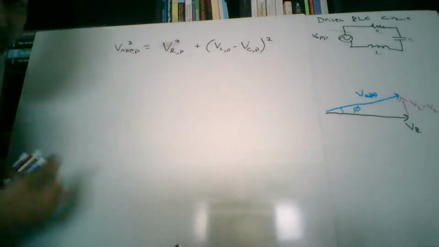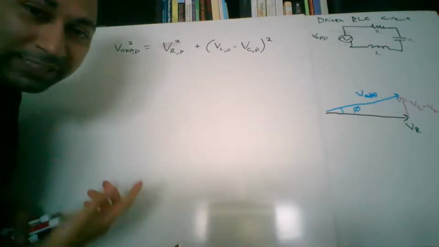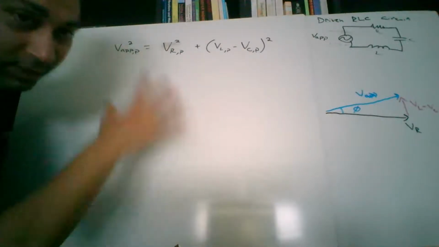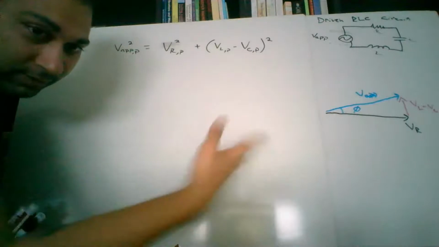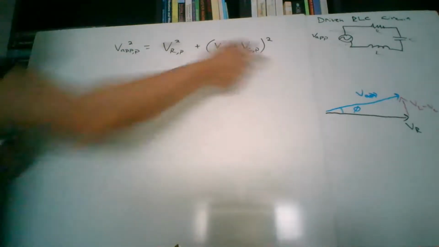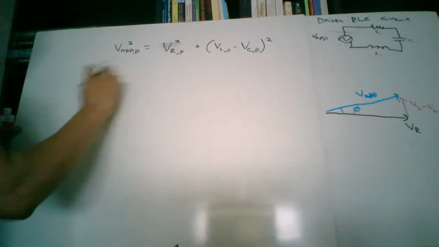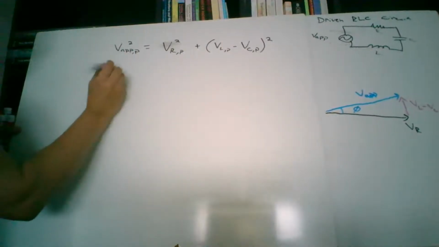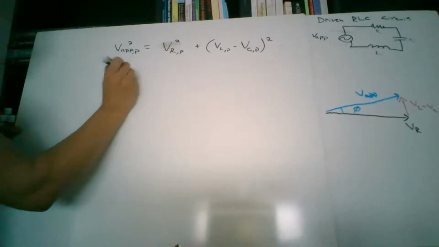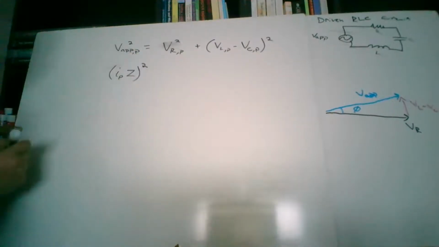Now, something that a series circuit has in common is the current. The current's not going to change. The amount of current that's going through here has to be the same throughout the whole system. So we're going to rewrite this equation in terms of current, where the applied voltage is really the peak current times the impedance, all squared.